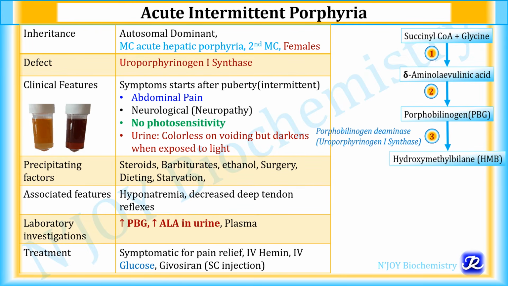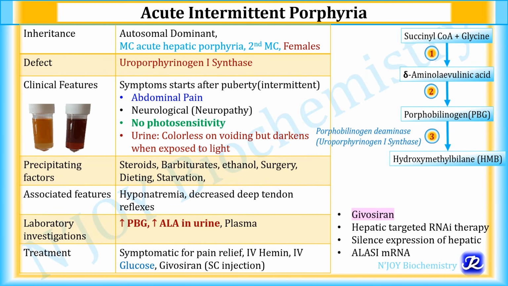The treatment options are symptomatic for pain relief. IV hemin and IV glucose are given to the patient, and givosiran is also given by subcutaneous injection. So givosiran is a hepatic targeted RNA interference therapy, and it is given to silence the expression of hepatic ALA synthase 1 messenger RNA.